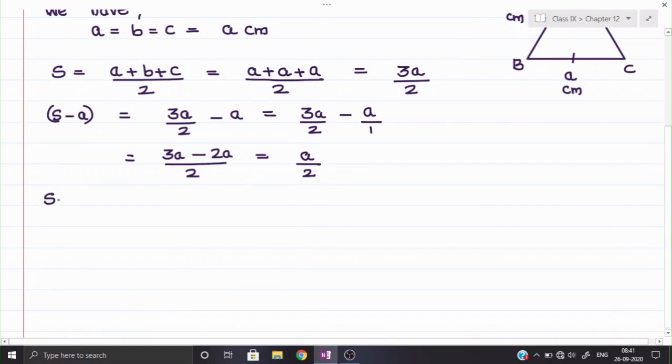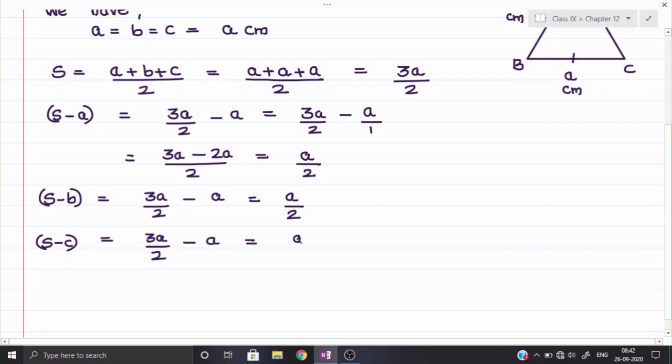Similarly, let us see s minus b. S minus b will be equal to 3a upon 2, and the value of b is again a only. So it is becoming the same as the previous value. This will also be equal to a upon 2. And similarly, s minus c will be equal to 3a upon 2, and the value of c I can keep here again a. So again it is the same as s minus a, that will be a upon 2.